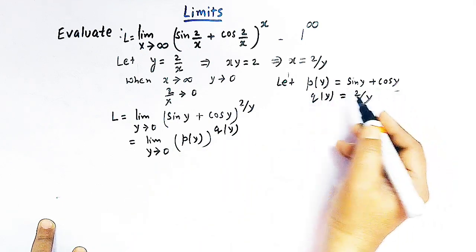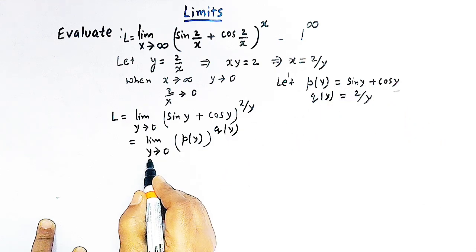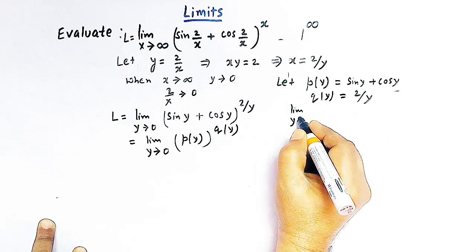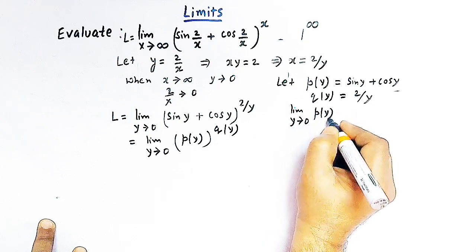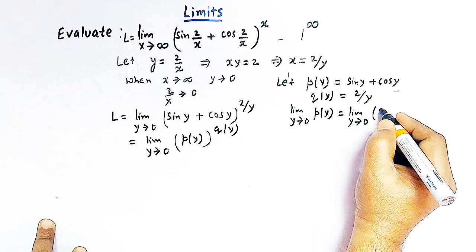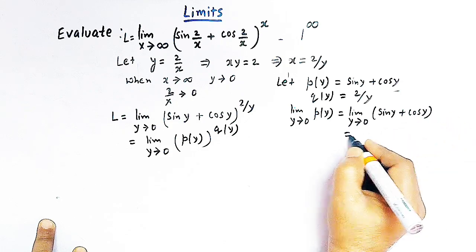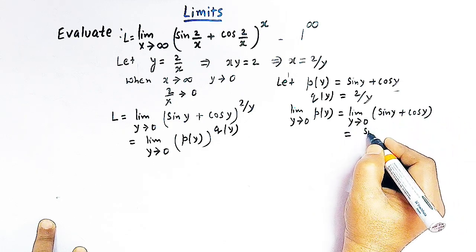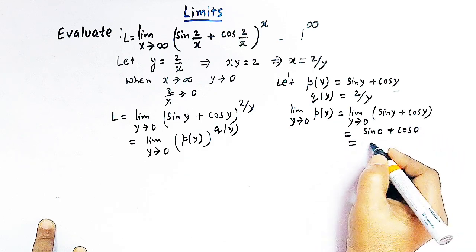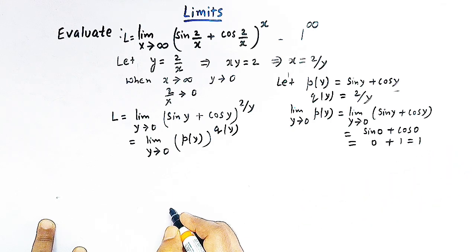So now let us find out the individual limits of these two functions when y tends to 0. Limit y tends to 0 of p(y) is limit y tends to 0 of sin y plus cos y, which is sin 0 plus cos 0, and sin 0 is 0, cos 0 is 1, so here we have 1.